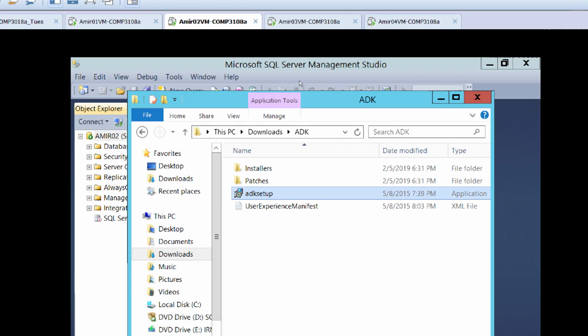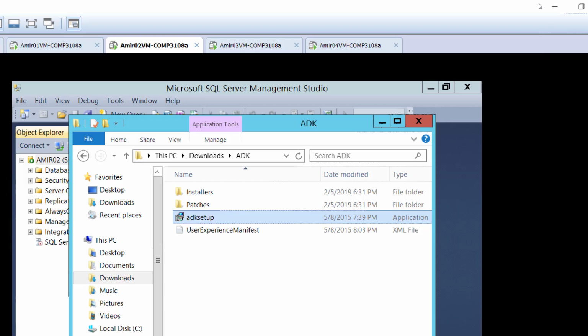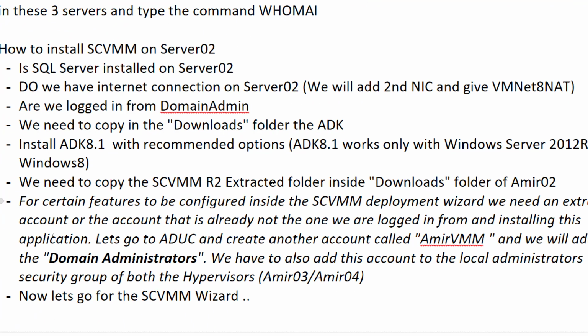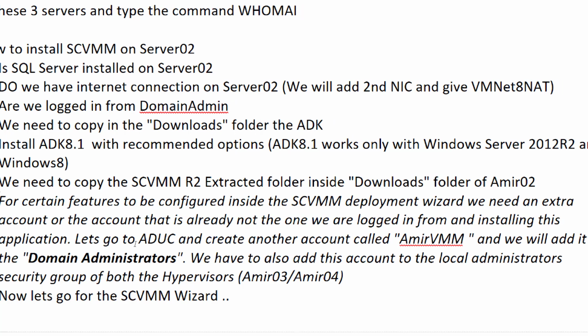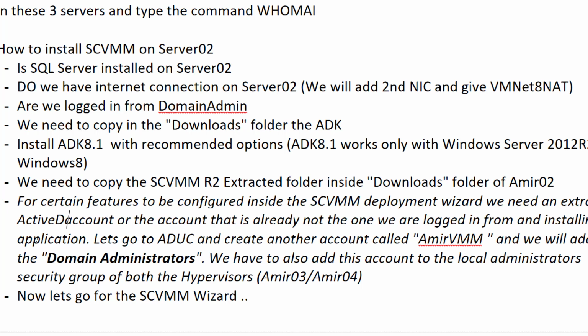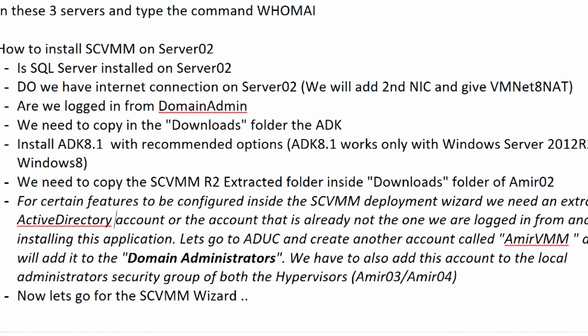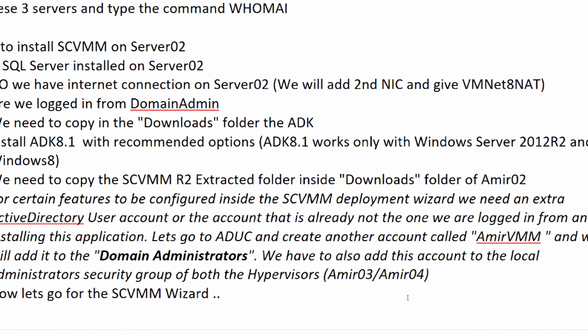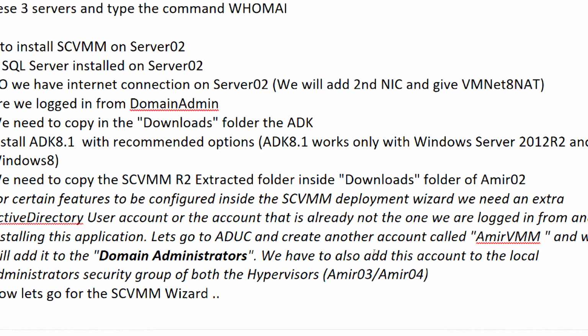Before we go to SCVMM, we need to do one more prerequisite there. For certain features to be configured inside the SCVMM deployment wizard, we need an extra Active Directory user account. So let's go ahead, on Server 1, open Active Directory Users and Computers, and create an account called your first name VMM.